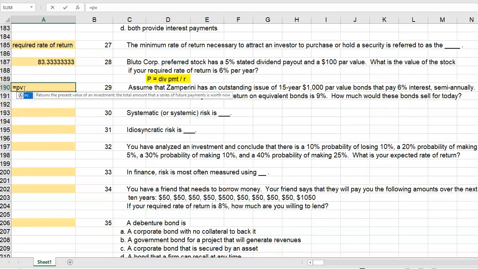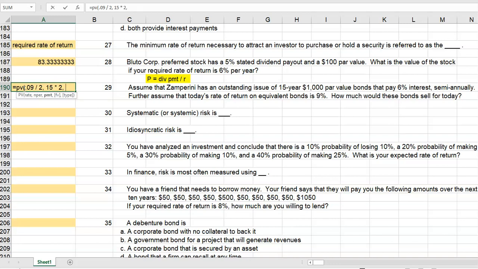The required rate of return, 0.09, is an annual number, so I've got to divide it by 2. Remember, anytime you get semi-annual, change the rate, change the payment, change the periods. 15 years, but it's paid semi-annually, so I have to change that one.